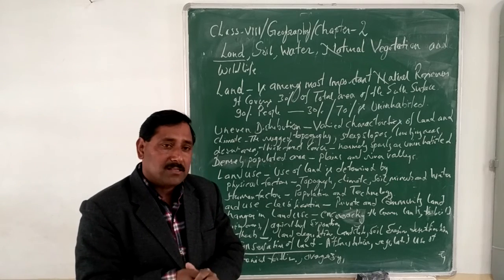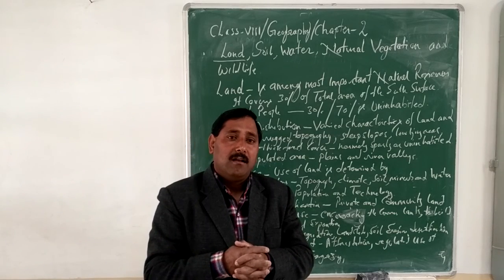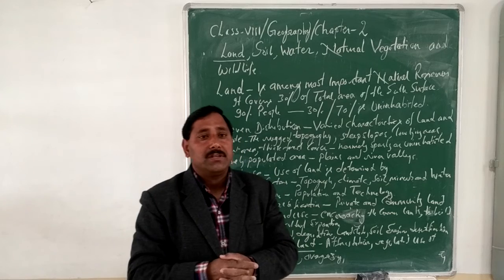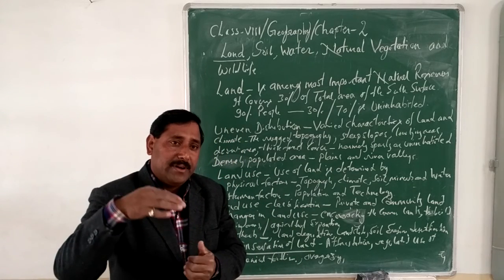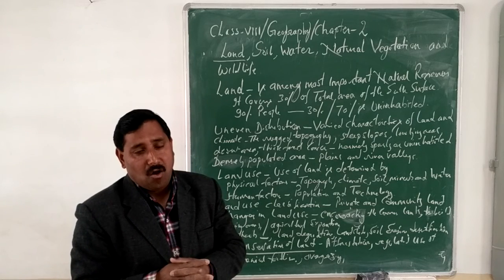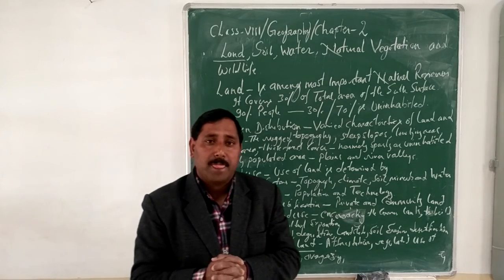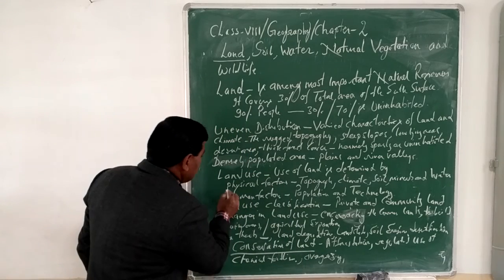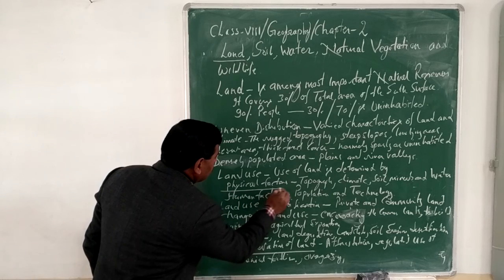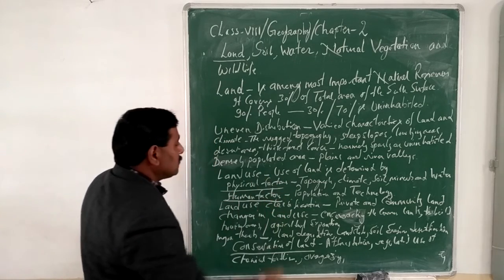And in some areas, different type of activities are taking place, like industrial activities, urbanization. So it differs. And this difference is due to the various factors. These factors are the physical factors, the human factors. These are the two factors.